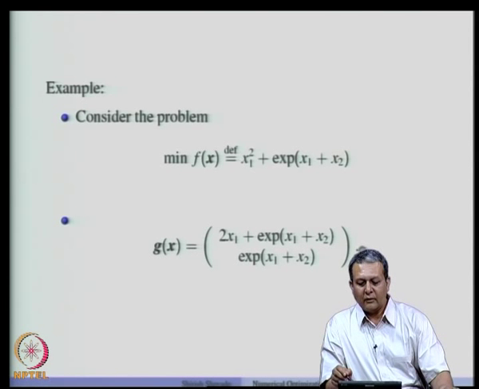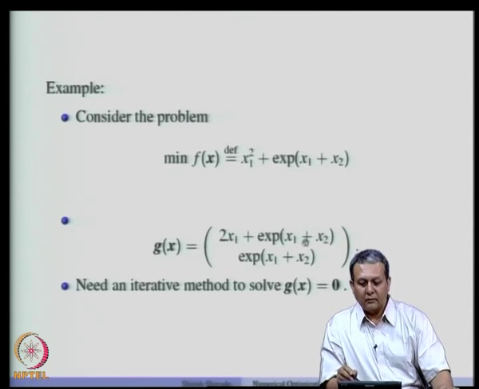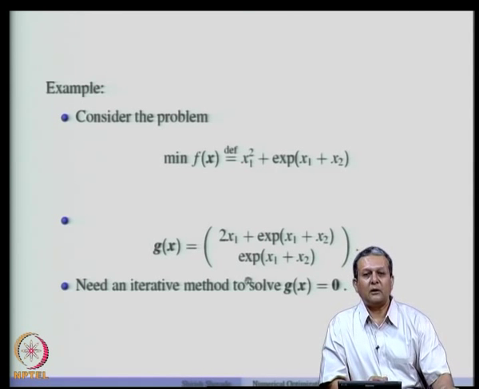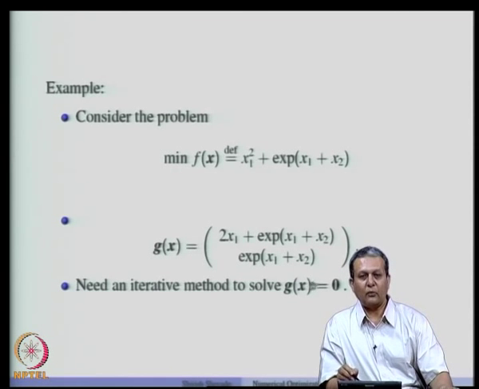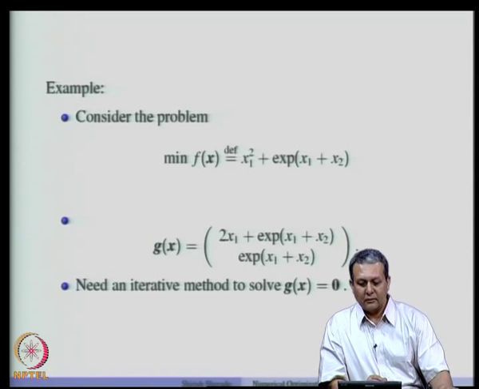Now, equating this to 0 does not directly give us the stationary points of this. So, we need an iterative method to solve g(x) equal to 0. Finding the stationary points of a function is difficult in this case, because there are no closed form expressions to get the stationary points, unlike in the previous cases that we saw earlier.